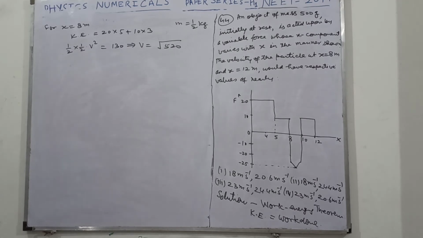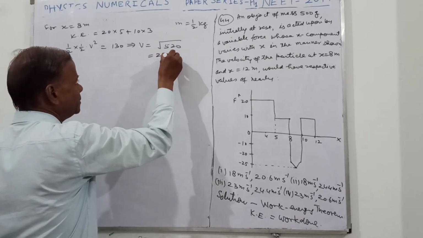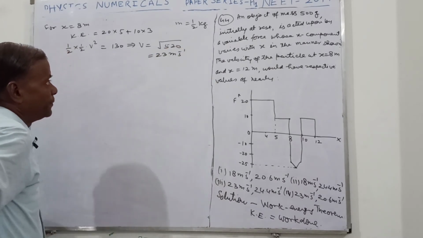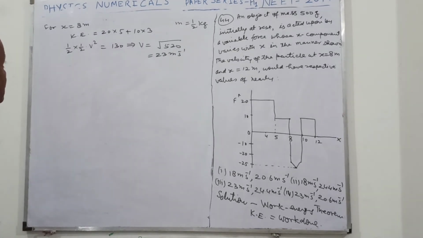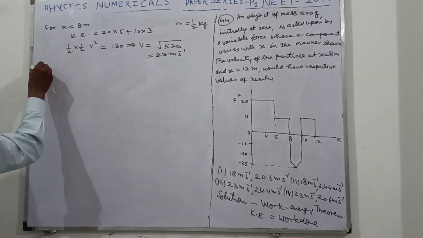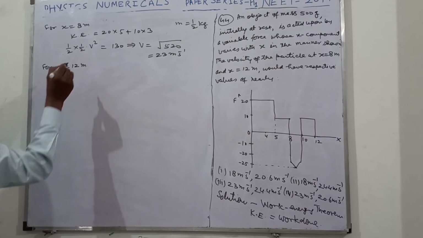It is now your 23 meter per second. 23 meter per second. Approximate to so much. And now for x equal to 12 meter.